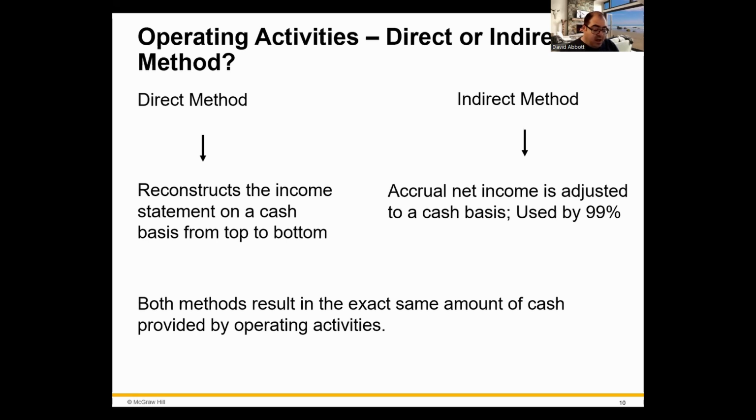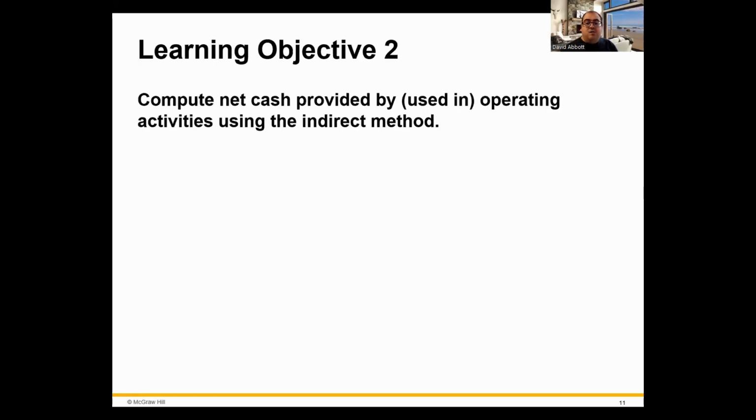For example, cash collected from customers is listed instead of revenue, and cash paid to suppliers is listed instead of cost of goods sold. Under the indirect method, net income is adjusted to a cash basis. That is, rather than directly computing cash sales, cash expenses, and so forth, these amounts are derived indirectly by removing from net income any items that do not affect cash flow.